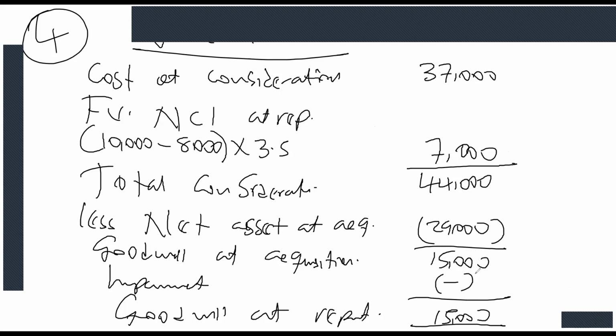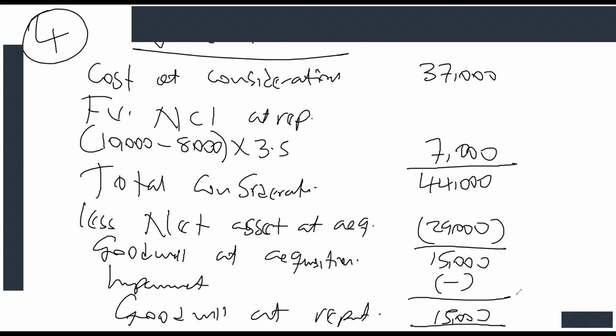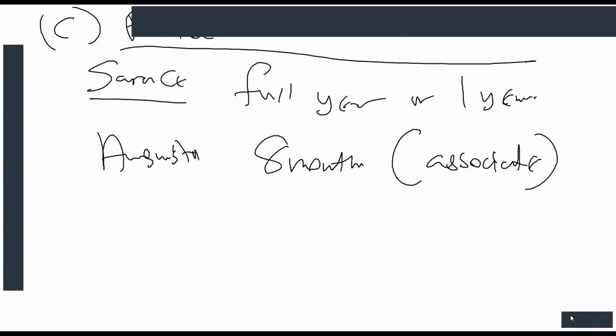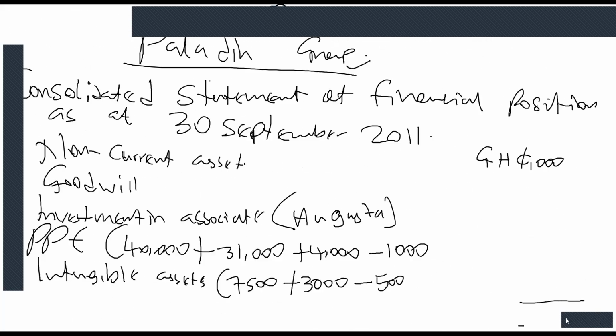Instead, add it to the group retained earnings. So negative goodwill is a gain. We call it bargain purchase gain of the parent. It must be added to group retained earnings. So let's go and add our goodwill, 15,000, in the workings for goodwill.